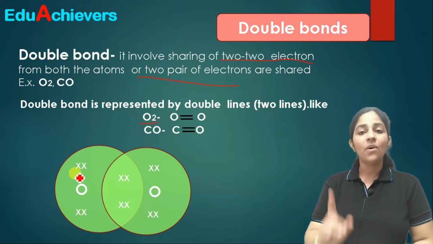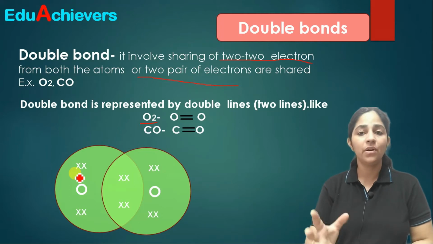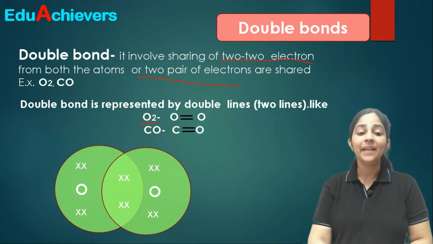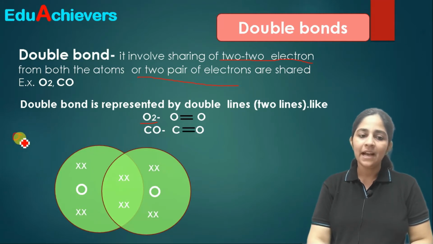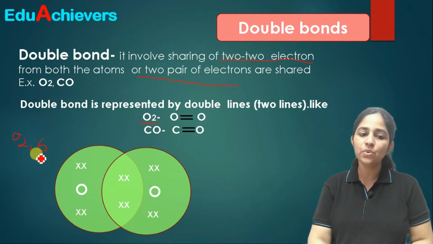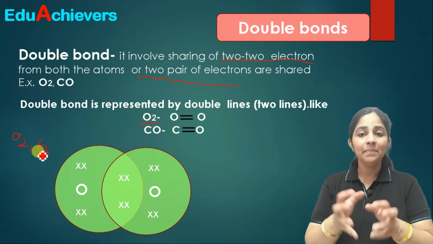Oxygen has atomic number 8, and its configuration is 2 and 6. So you can understand that it needs 2 electrons to complete its octet.